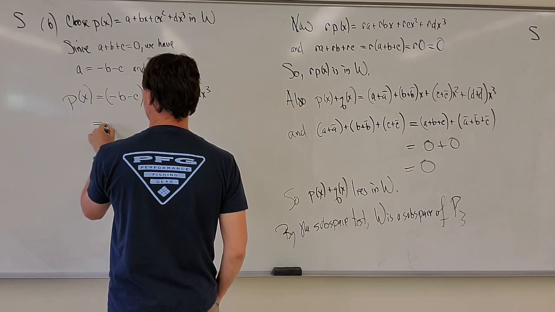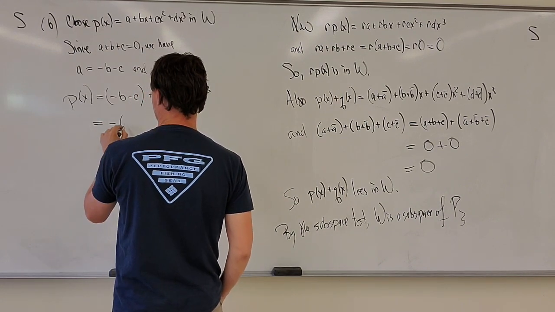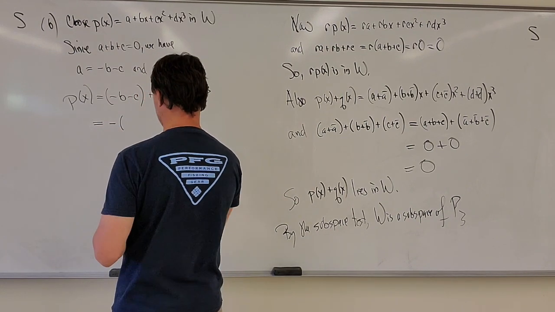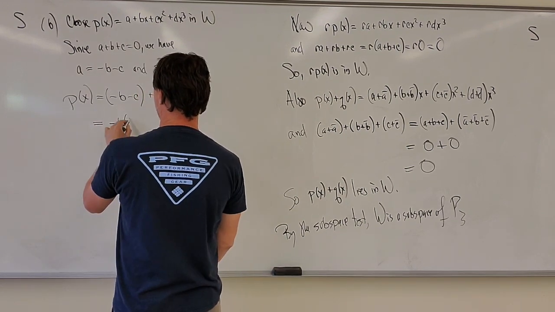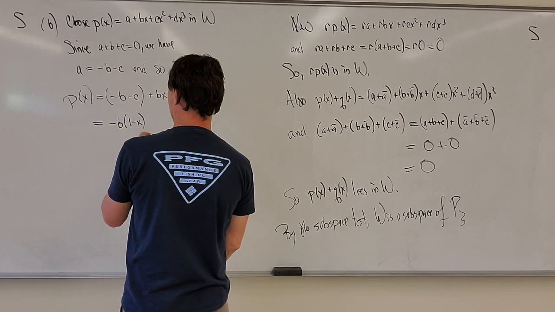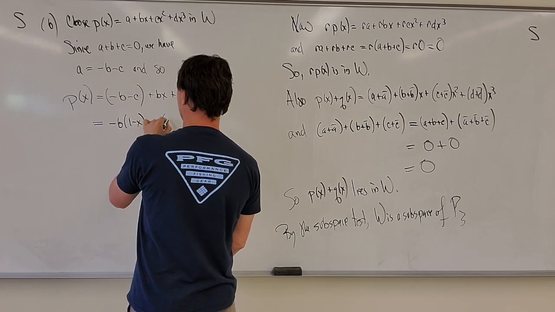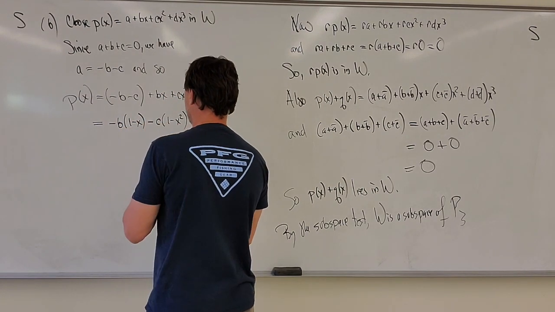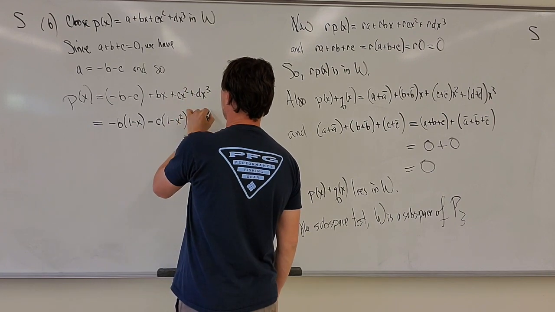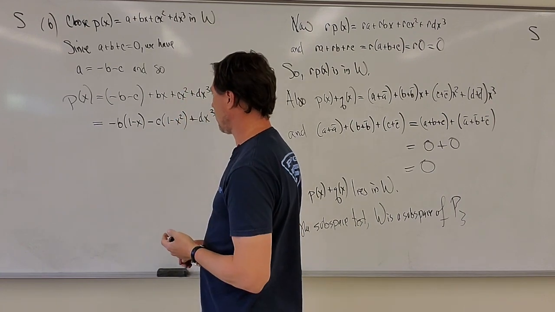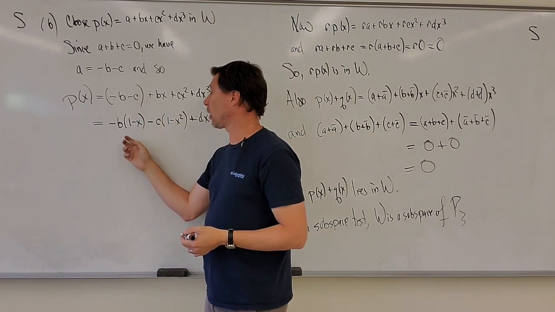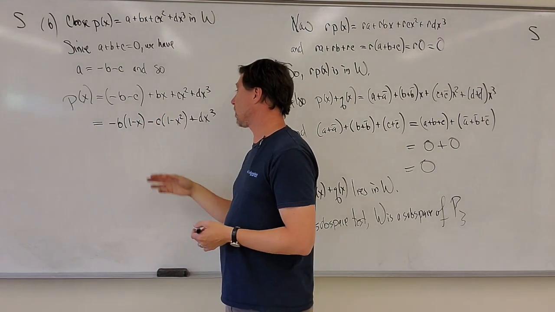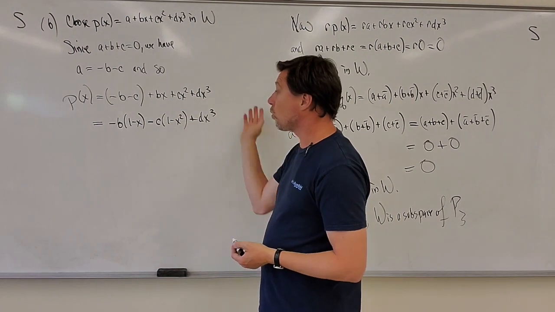And then I can write that as negative B times (1 minus x) minus C times (1 minus x squared) plus D times x cubed. So I just did a little arithmetic. I joined the stuff involving B in one part, the stuff involving C in another part, and then the stuff involving D. So what have we done?